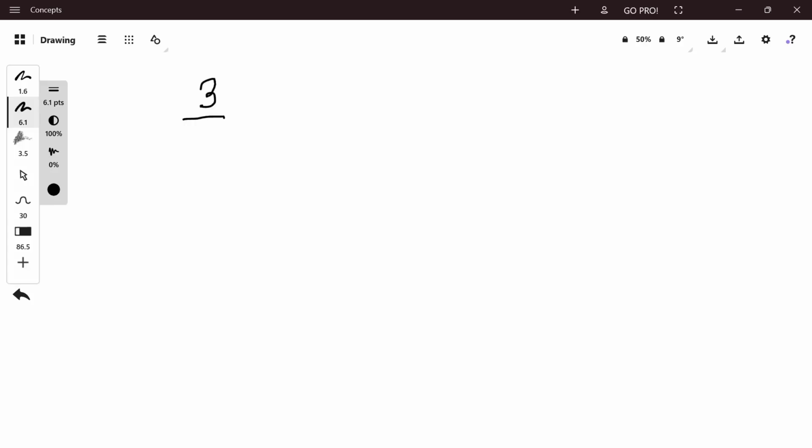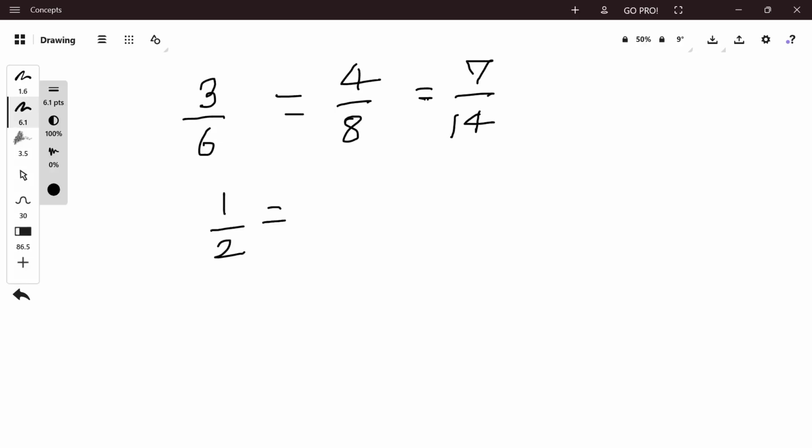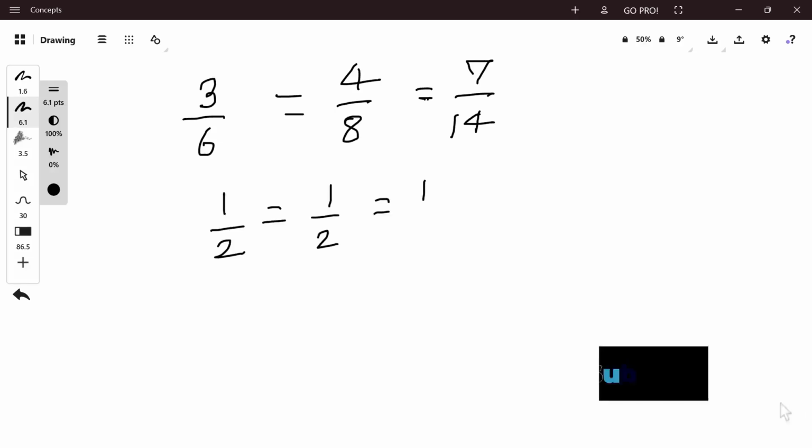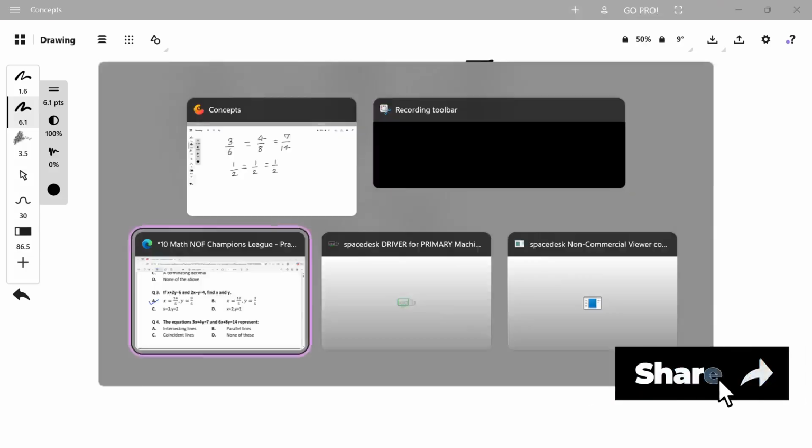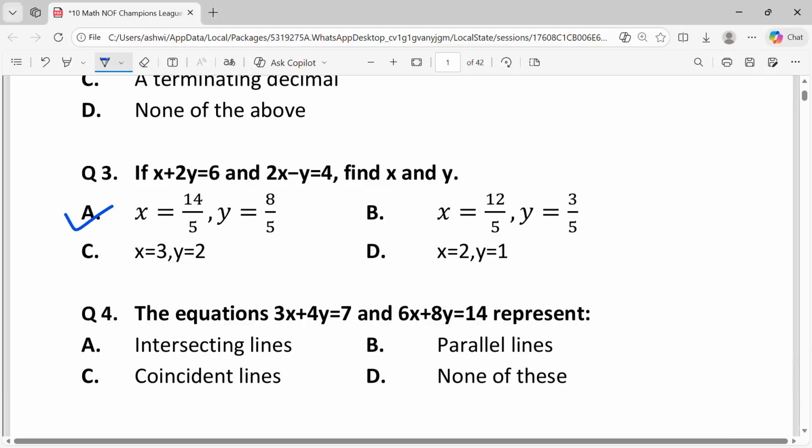That is 3 by 6, 4 by 8 and 7 by 14. Since a1 upon a2 is equal to b1 upon b2 is equal to c1 upon c2, these lines are coincident. That is 1 upon 2 is equal to 1 upon 2 is equal to 1 upon 2. So the answer is C, coincident lines.